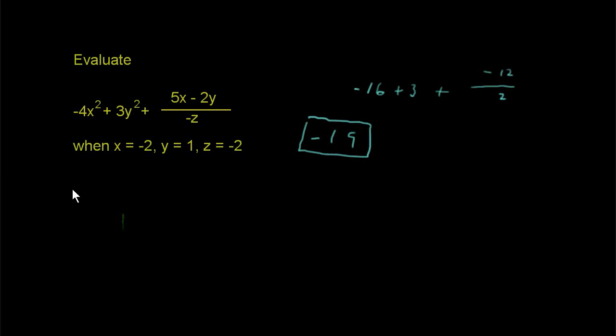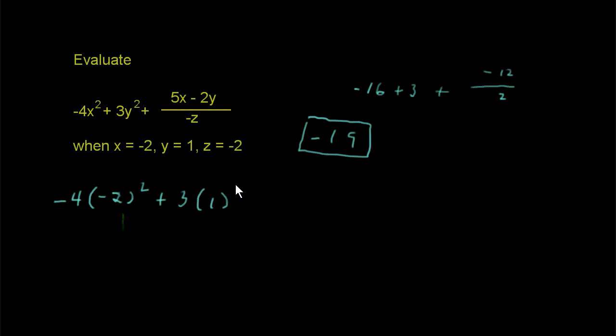Okay, otherwise let's go through this. We have negative 4, and we're just going to go through now and replace all of our variables with what they are equal to. So x is equal to negative 2. Put that in there and square it. Plus 3 times y. Y is 1.